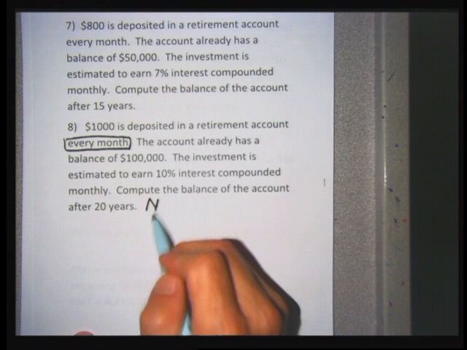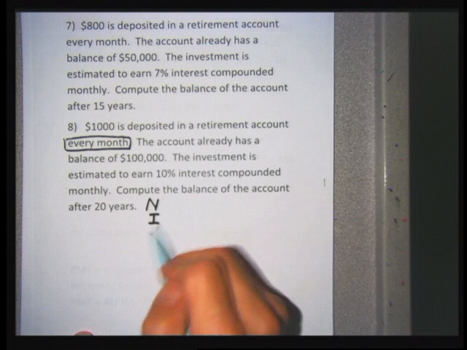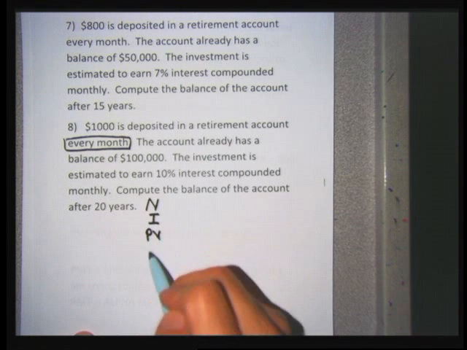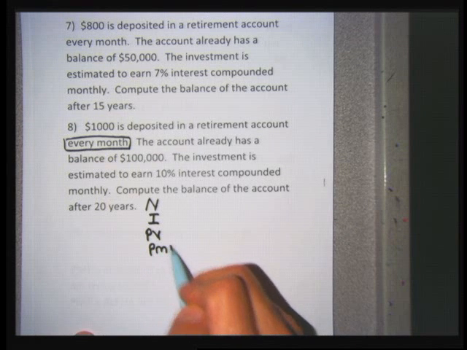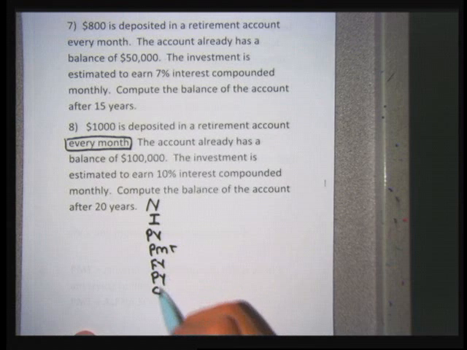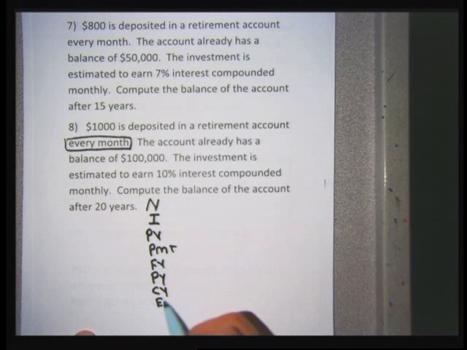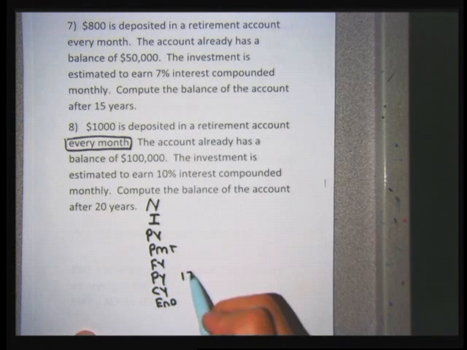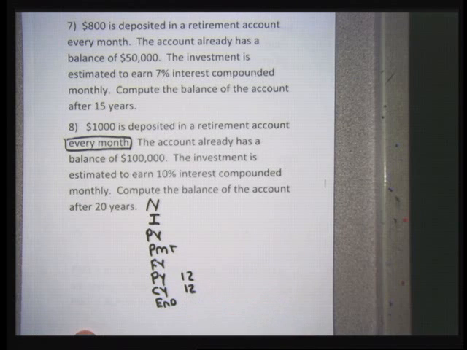So I'm going to put room for an N, an I, a PV, a PMT, a future value, a PY, a CY, and I never take my calculator off of end in our class. And I'm going to put 12 in for the PY and the CY because you're making one deposit per month.